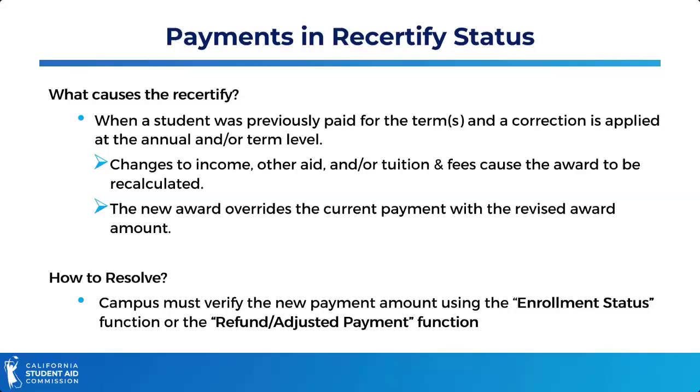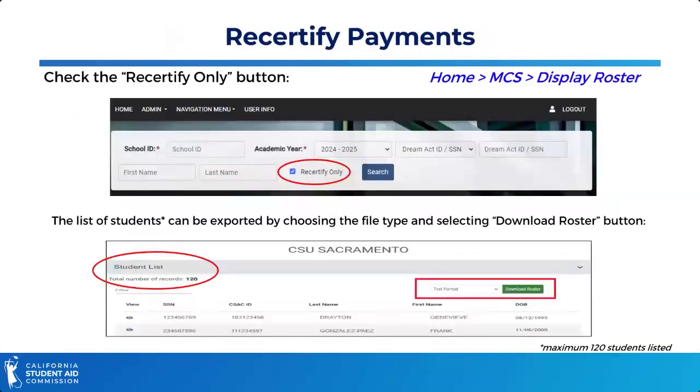So let's say you knock out those 120, go back and try to pull it up again, because if there are more than 120, you will then be presented with the next set of students. So let's take a look at what that looks like.